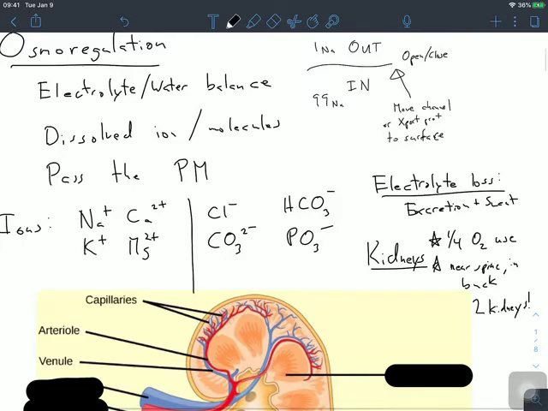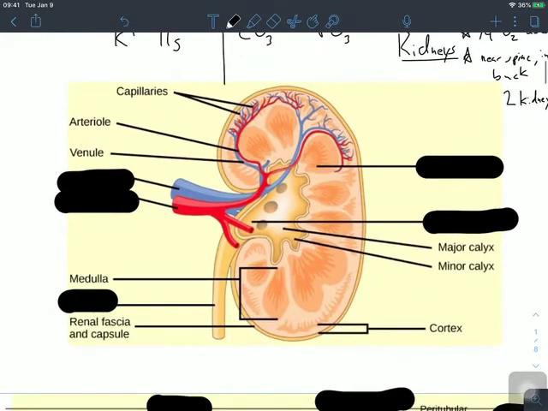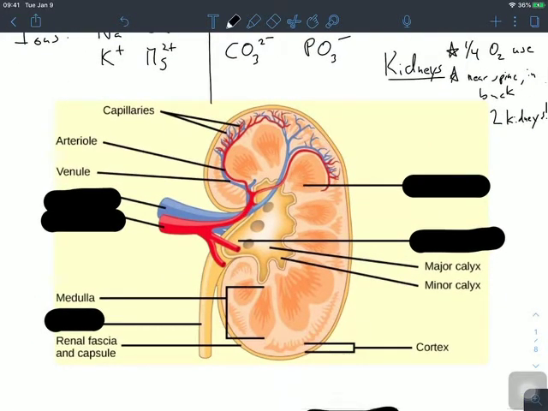Now, as to the structure and important features of the kidney that I expect y'all to be familiar with. Here, I've left blanked out all the terms and regions that I hope you keep track of. Of course, you're familiar with the capillaries, the blood-carrying vessels present in the kidney that will ultimately lead to the glomerulus. You have arterioles and venules, the arteries and veins that carry blood in and out.